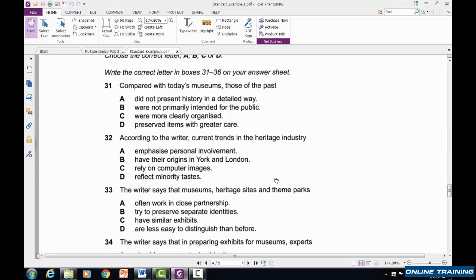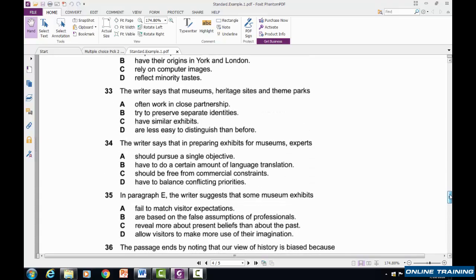And so when we're talking about which ones are easiest to do first, I would say number 33, where it talks about heritage sites and theme parks. Those are good words to find. Number 32, where it talks about the heritage industry and current trends, that's going to be pretty easy to find.